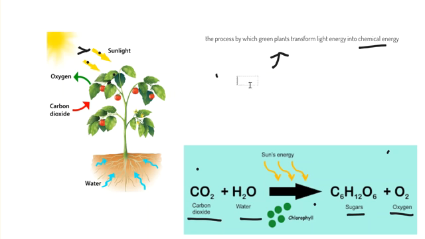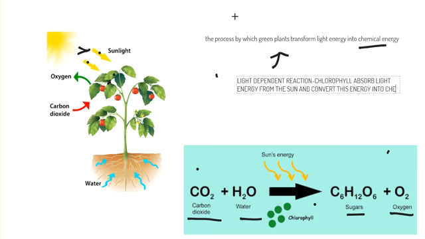In a light dependent reaction, the chlorophyll will absorb this light energy from the sun, the light energy I was referring to earlier, and it will convert this energy into chemical energy, which again I was referring to before, through the use of water.